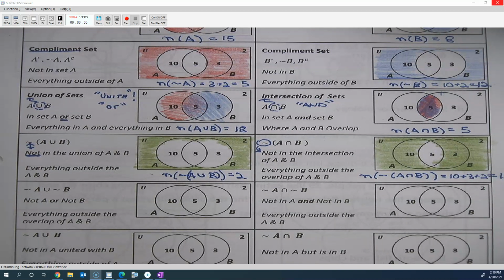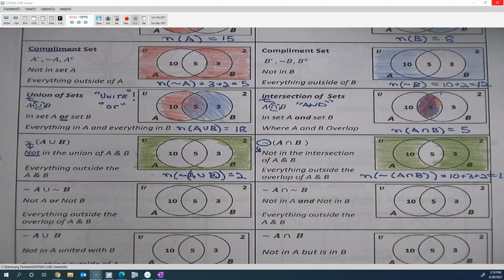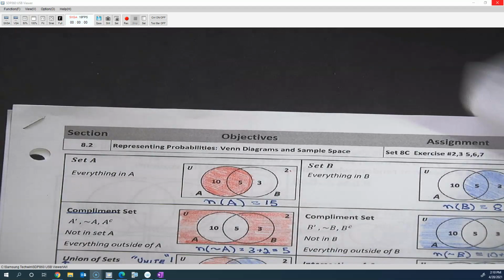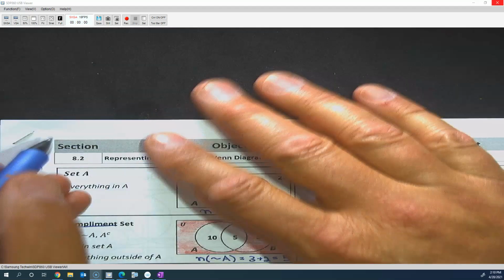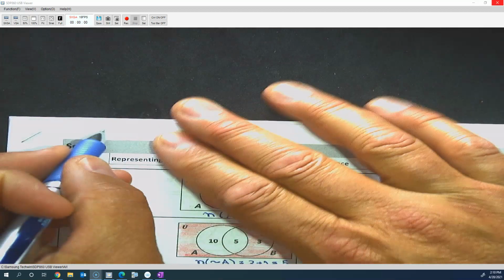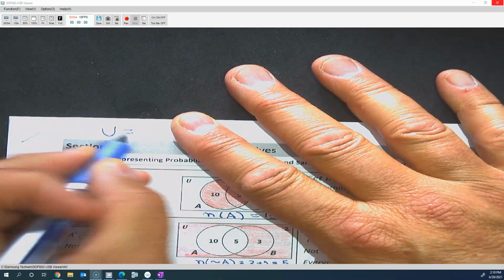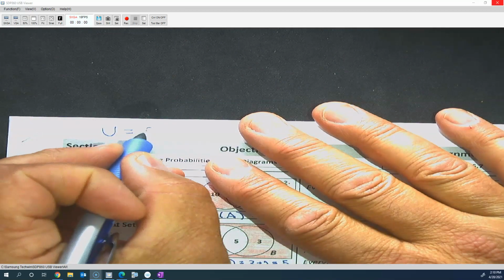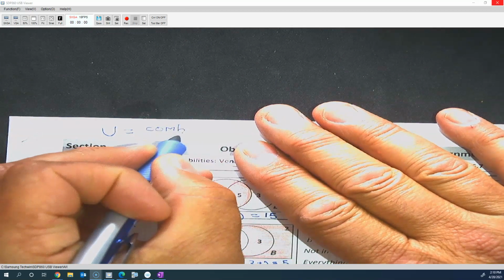All right, now this next one here, we are unifying not A with not B. So when you unify, you're combining, okay? So when I see this symbol, I'm thinking of combining the shaded areas.